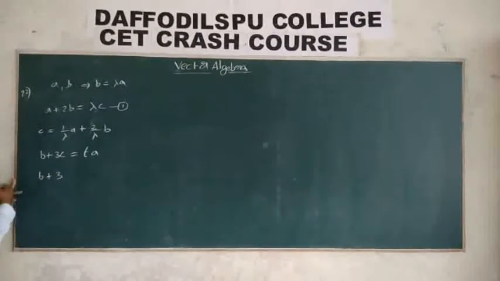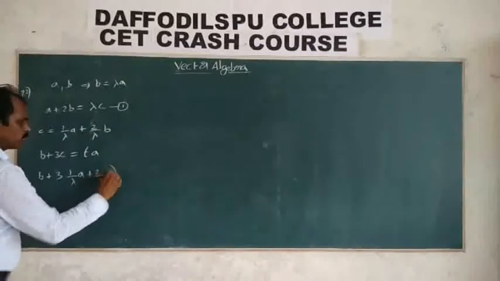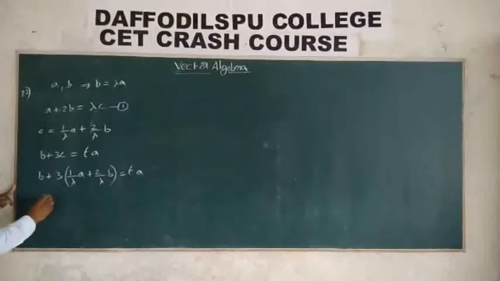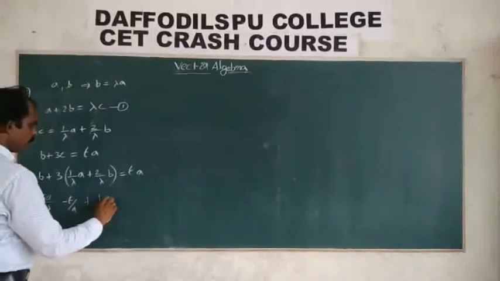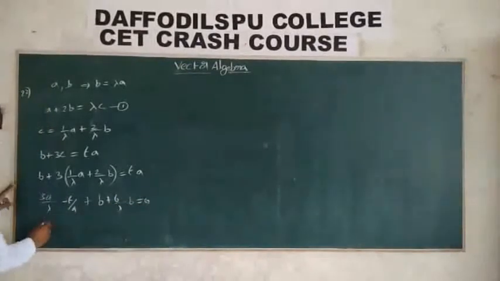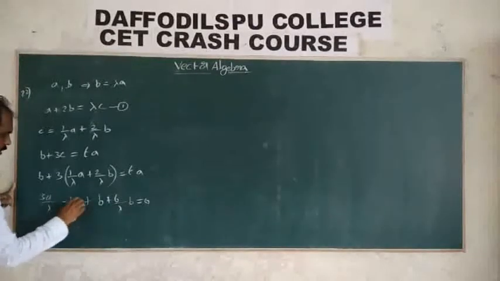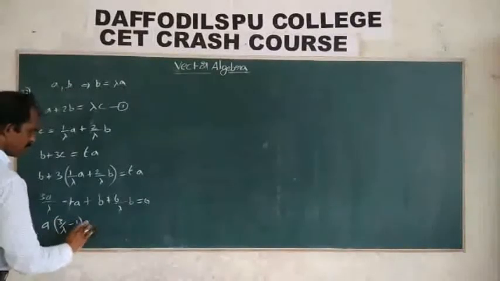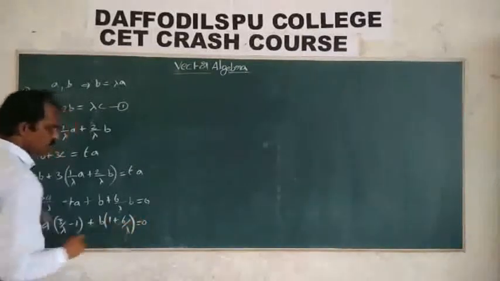B plus 3 times of 1 by lambda into A plus 2 by lambda into B is equal to T into A. Take T to this side: 3A by lambda minus T A plus B plus 6 by lambda into B is equal to 0. So A times (3 by lambda minus T) plus B times (1 plus 6 by lambda) is equal to 0.